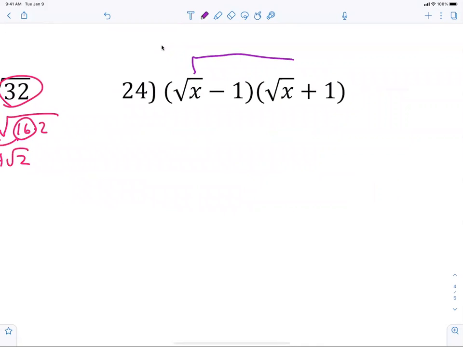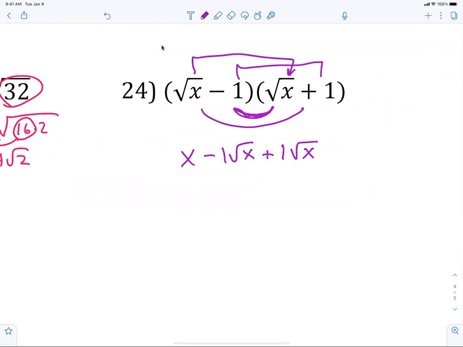Square root of x times square root of x. Good job. Very good. Good job. And then finally, what happens to the middle term? X minus 1. Okay.